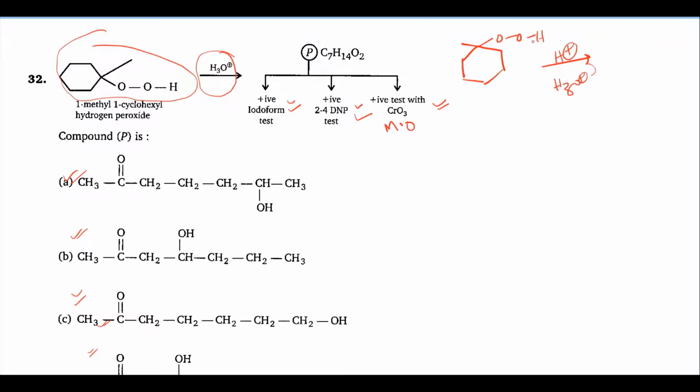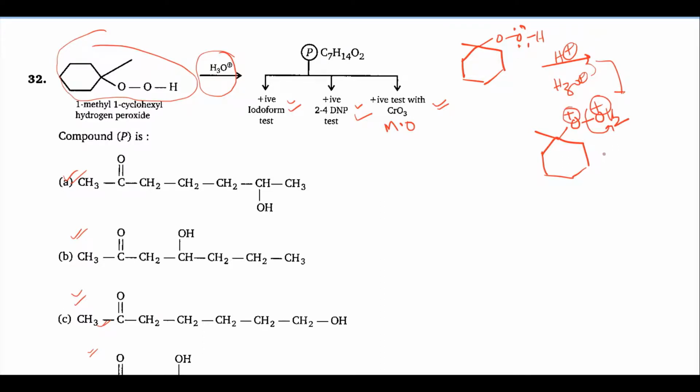coming. So that H plus protonates like this, then the product is OH2 with a positive charge. Then this is a good leaving group. H2O is eliminating, and oxygen is getting a positive charge.